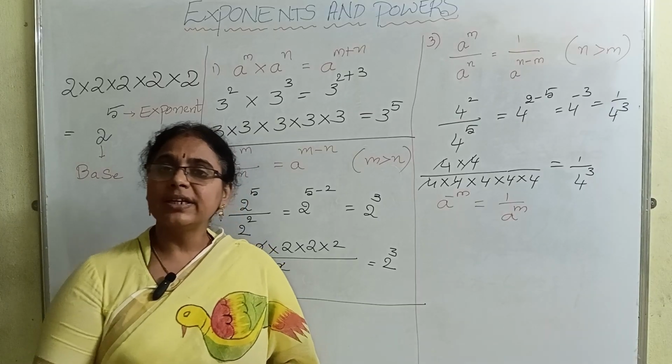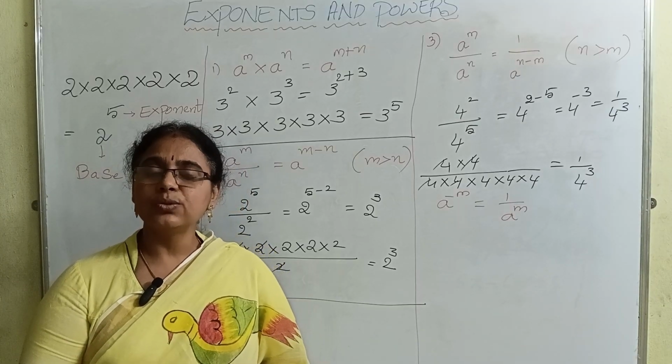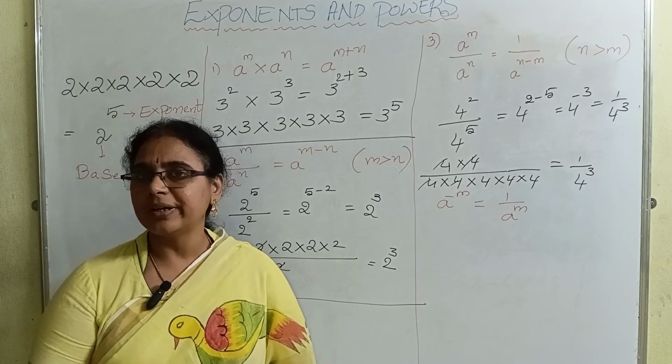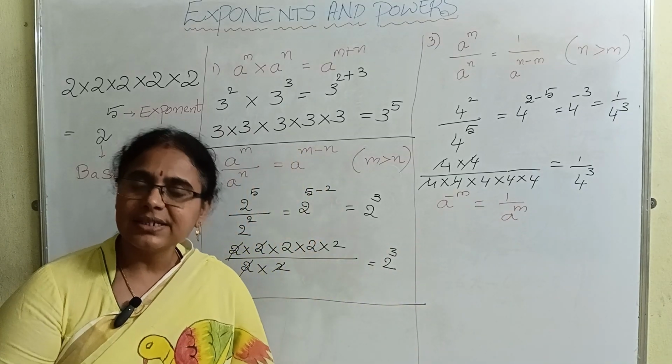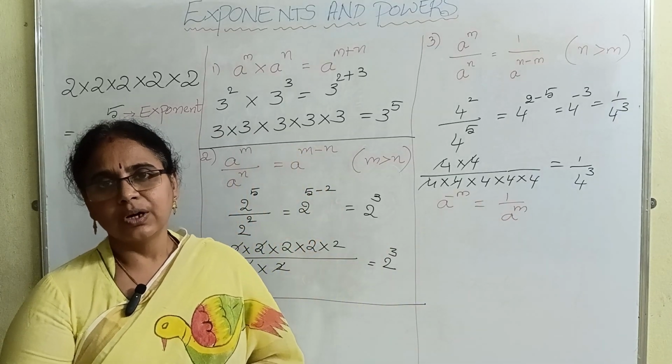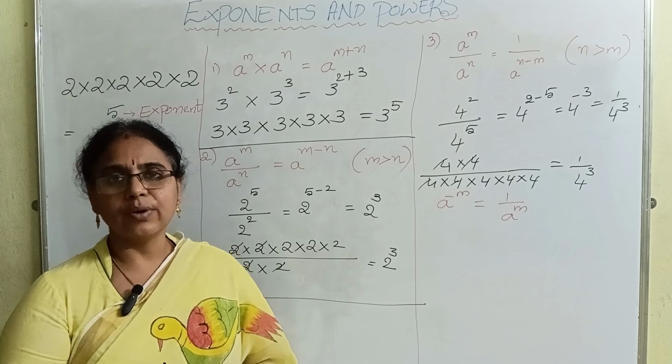If you have any negative exponent, write 1 as the numerator, with the base and exponent without any changes. As it is, you have to write.